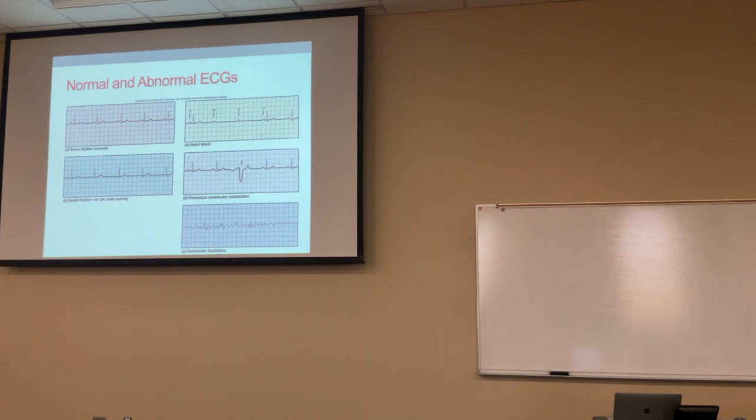The one that's in the middle on the right-hand side, that's an example of a premature ventricular contraction, or PVC, as they're frequently called for short. That is caused by an ectopic focus in the ventricles.